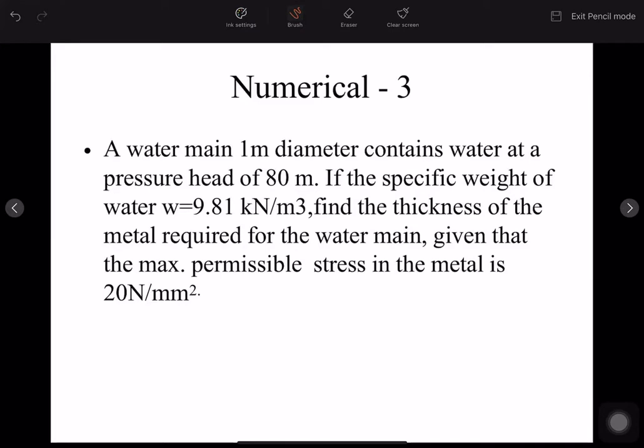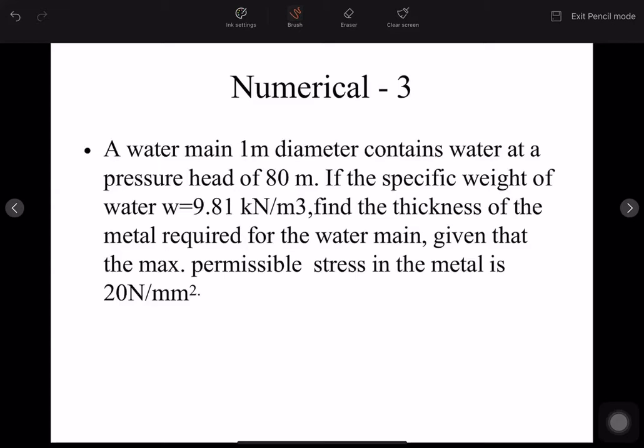So with this knowledge, we'll solve one more numerical.